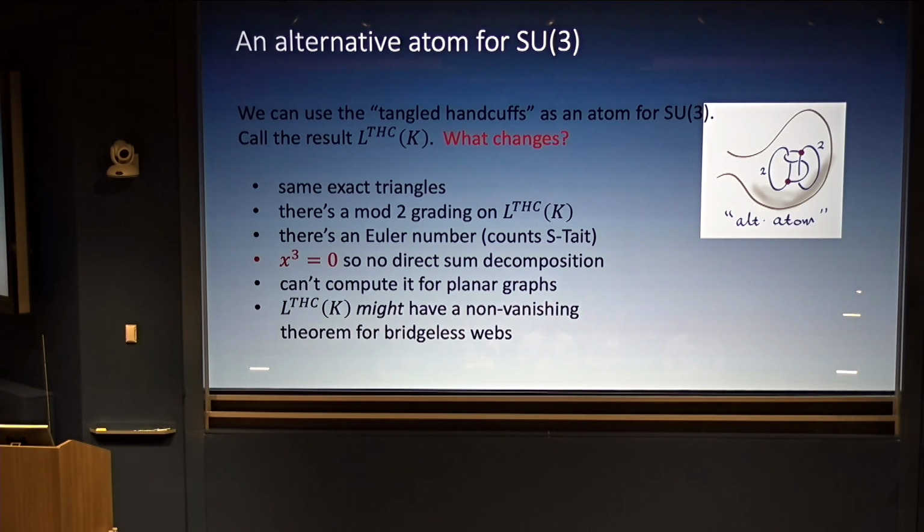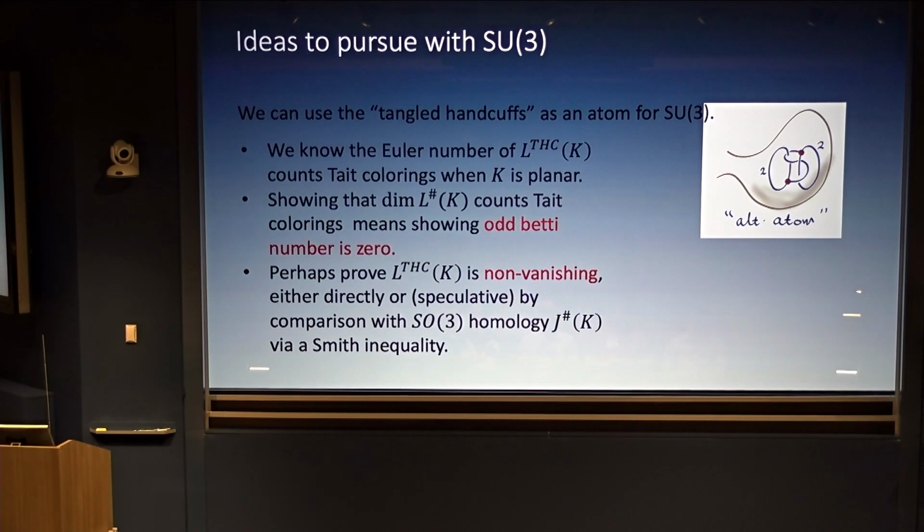A plausibility argument, which is probably not a provable thing, is to try and compare it to SO3 using a Smith inequality type thing for Z mod 2 actions. Thinking about what this really involves, if you want to show that the dimension of L sharp really counts Tait colorings, a different way to say it is to say, well, it's Z mod 2 graded.